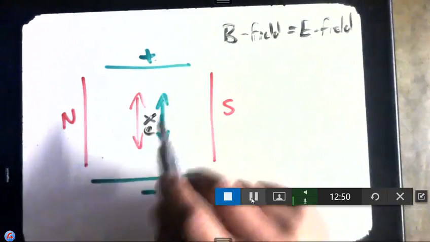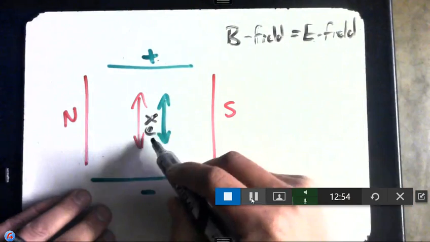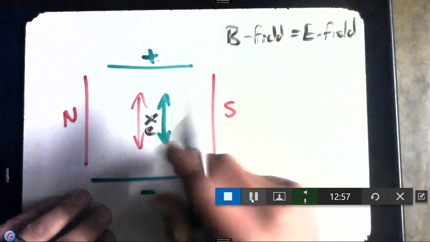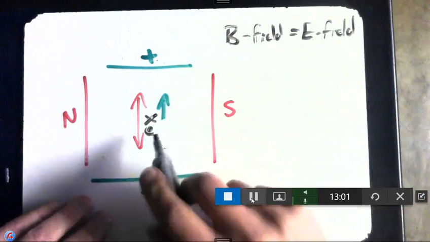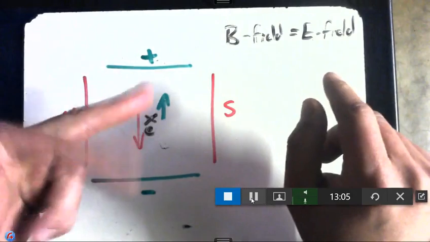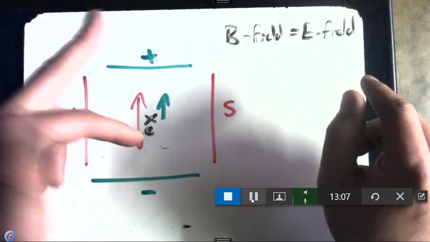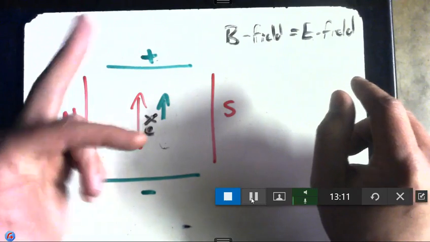Okay, so what will be the effect on an electron in an electrostatic field? The electrostatic field will want to make it go up. Let's think what the effect on an electron will be. Remember, it's an electron, so we swap around. The field is going from north to south.